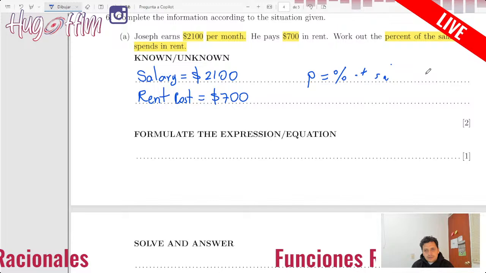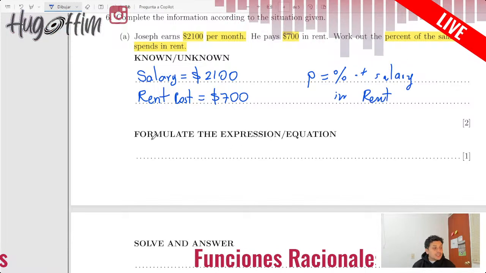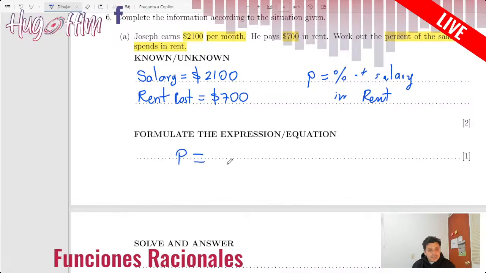Now, formulate the expression, and the equation is that you must tell how you can convert this information into an expression, okay? So I'm going to convert this information into the percent, or how can I get the percent with this information? Now, the percent is just a fraction, so eventually what I need to do is just to take the fraction of the salary that is rent.